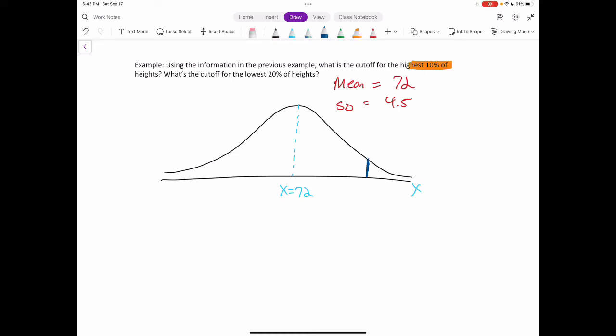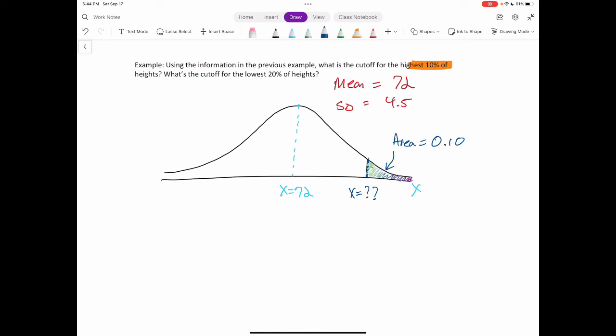The problem is I don't know what that height is, but I know if it's the top 10%, that this area that I'm shading to the right of it, I know this area is 10%, which I'm going to write as a decimal. I know that area is 0.10, right?